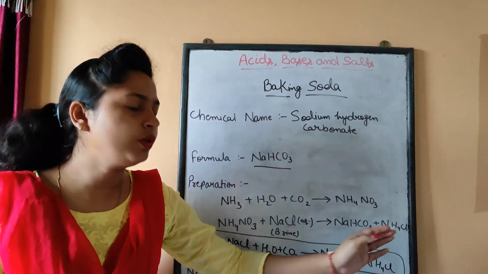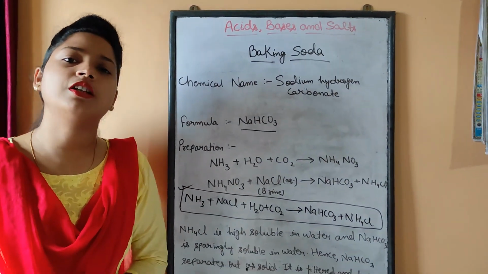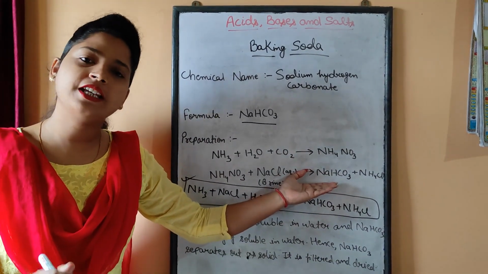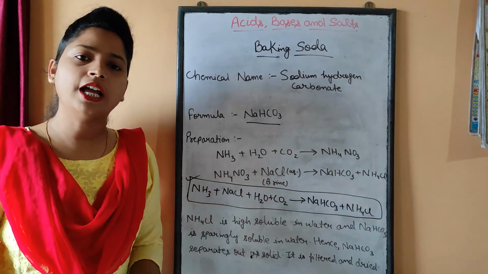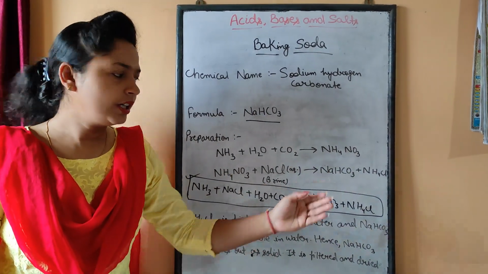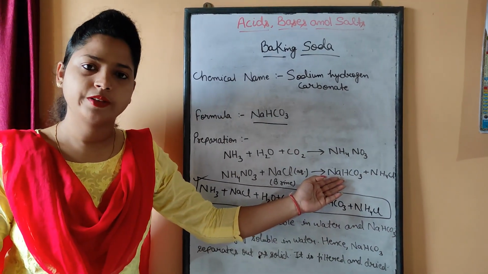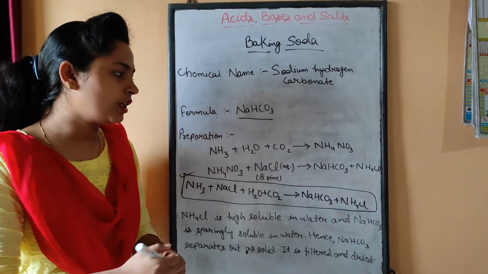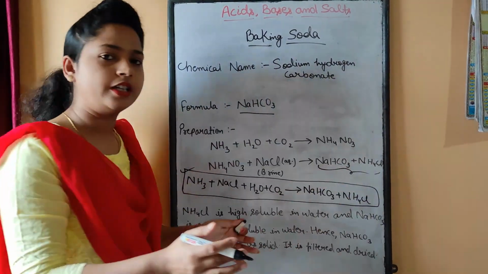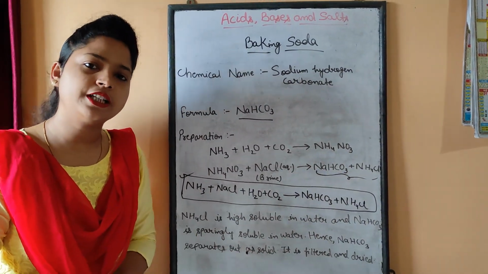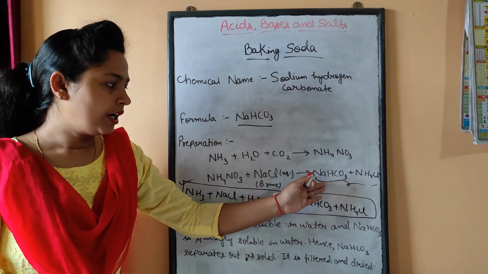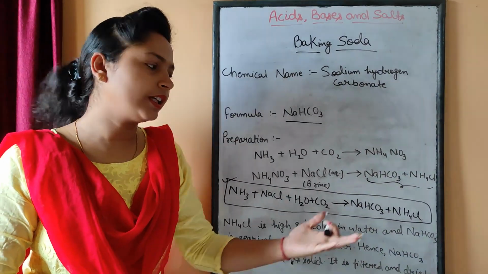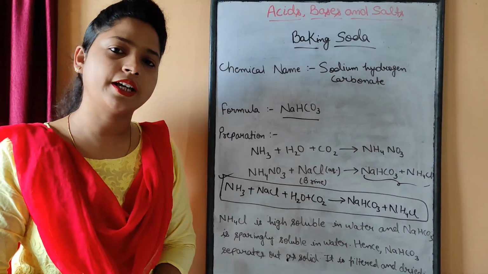Now, this ammonium chloride is highly soluble in water, and sodium bicarbonate is sparingly soluble in water. So one dissolves in water and the other does not dissolve completely. We just filter this solution, and the solid residue which we get, we dry and get the crystals of sodium bicarbonate.